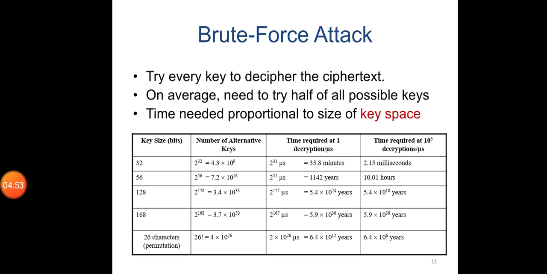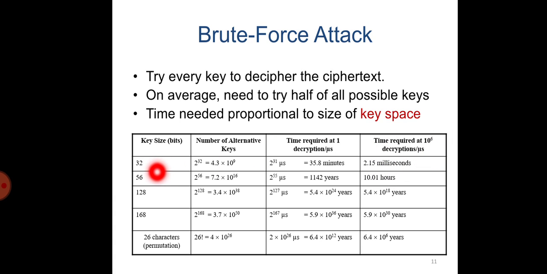Brute force attack. Try every key to decipher the ciphertext. On average, need to try half of all possible keys, and time needed is proportional to the size of the key space. This shows the key sizes, represented in bits, the number of alternative keys, the time required at 1 decryption per microsecond, and the time required at 10 to the power 6 decryptions per microsecond.